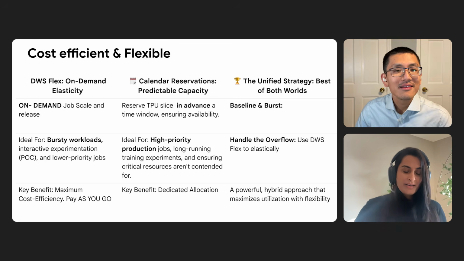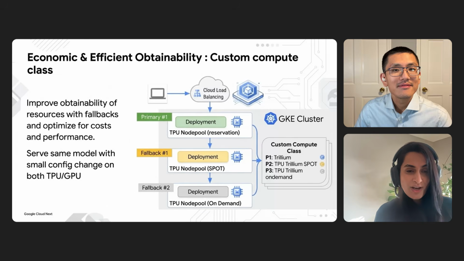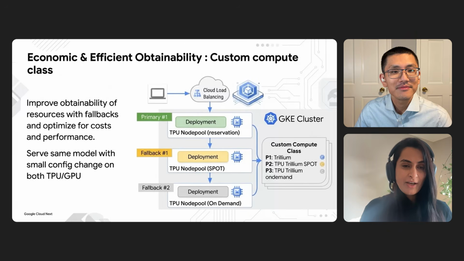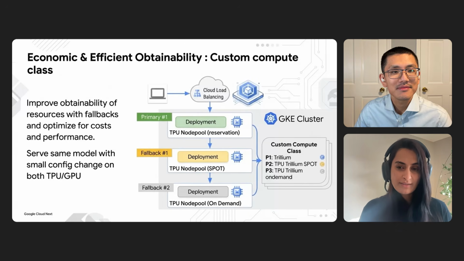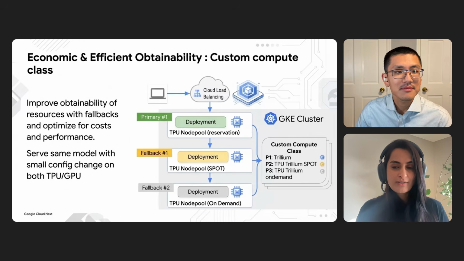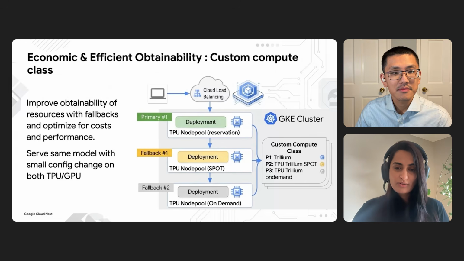Outstanding. And on top of this, to provide more economy of scale, we do support TPUs with custom compute classes. With custom compute classes, you can define a prioritized hierarchy of TPU configurations. In this case, I said that I need a Trillium chip in a reservation.